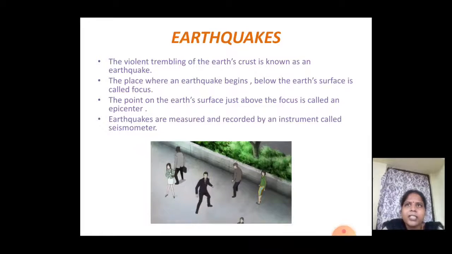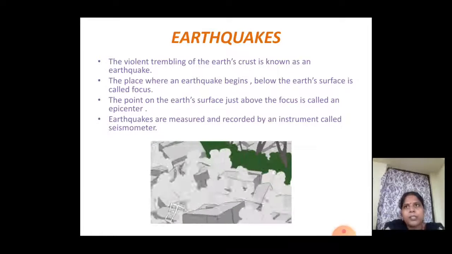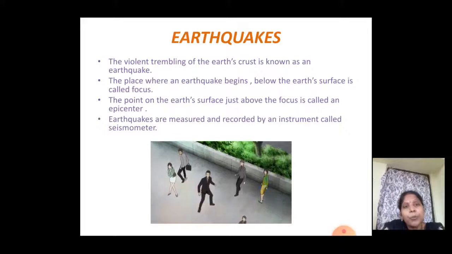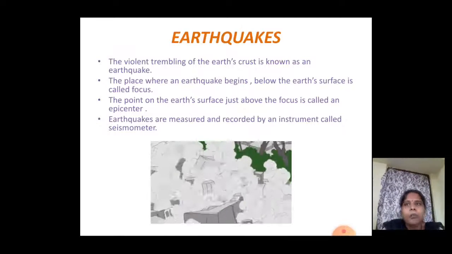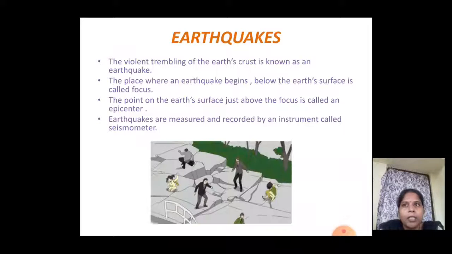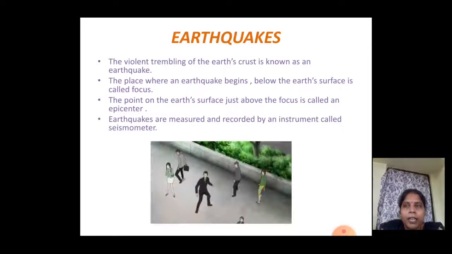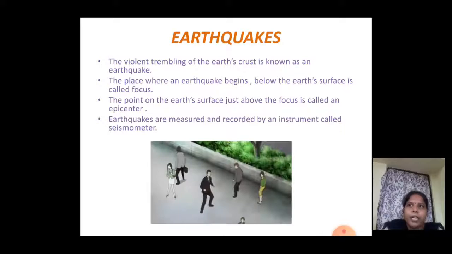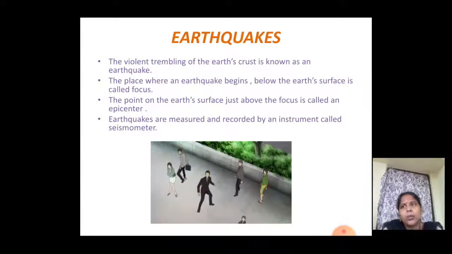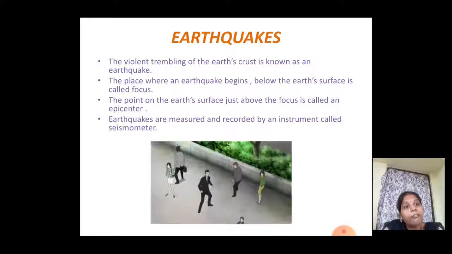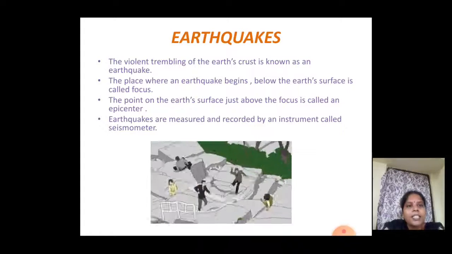In a major earthquake, buildings collapse. Electric poles are uprooted, which means they will come out of the ground. Pipelines will burst and fire may break out. So, we should move quickly to an open area when we sense the first tremor.